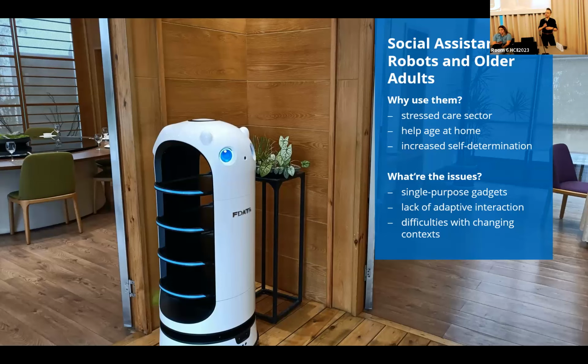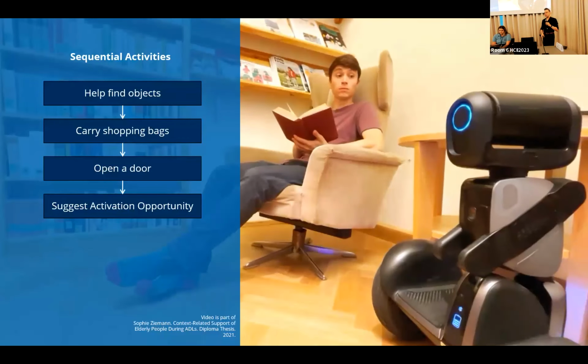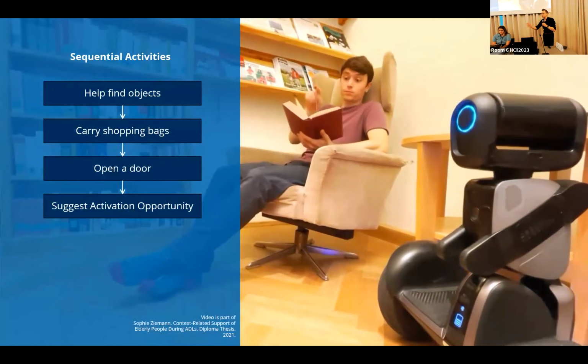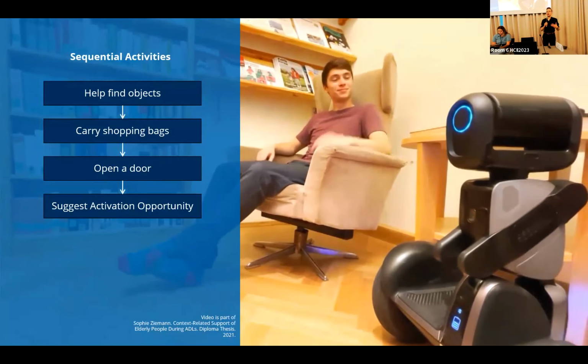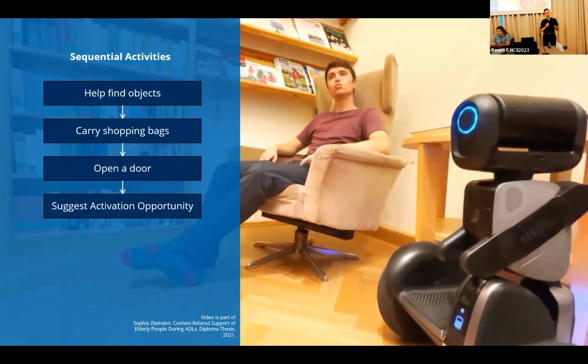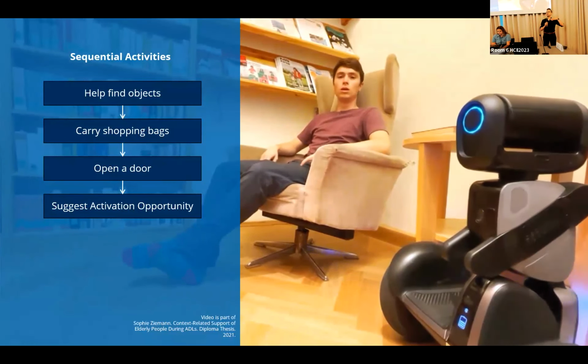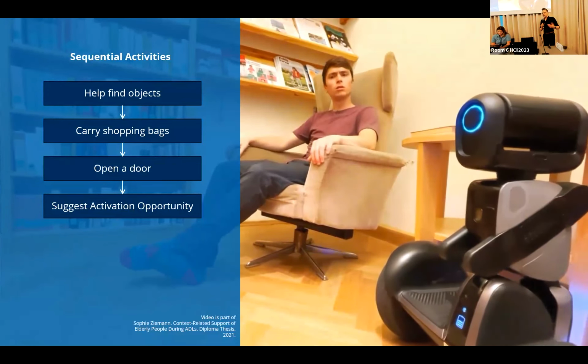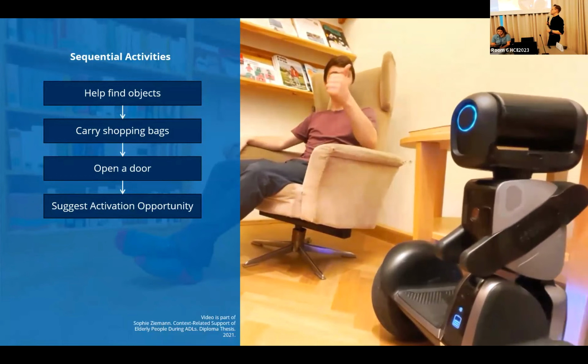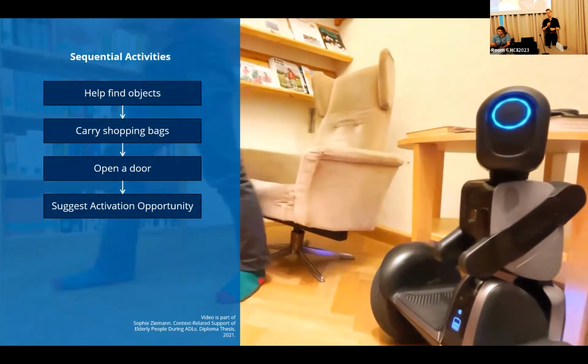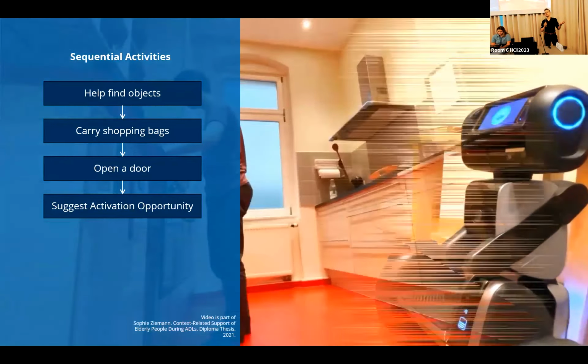What I want to address today is that the scheduling of activities of social assistance robots is not very easy to do, because the naive way of thinking of how a robot does its work is that the robot does activity by activity, one step after another, like this sequential activities example here. Say your robot helps you find some objects.